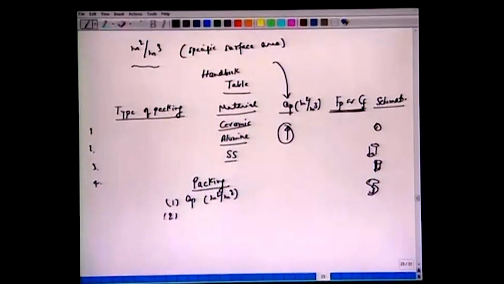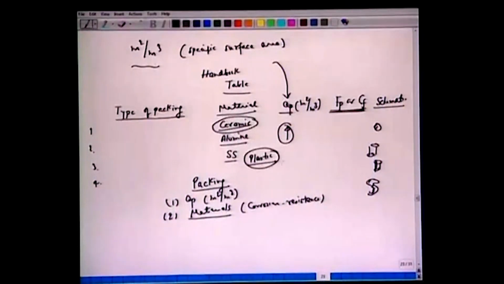But more important is also the material of construction, because depending upon the type of fluid, we must ensure that this is corrosion resistant. For example, if you use sulfur dioxide, then you will like to use ceramic, which is corrosion resistant. Okay, you can also have packing made of plastics. So if you're using sulfur dioxide, there is a strong likelihood that this plastic packing will not work. So packing specs would be AP, materials of construction, and of course the cost plays a major role.